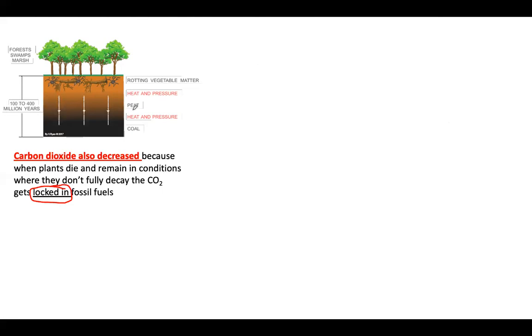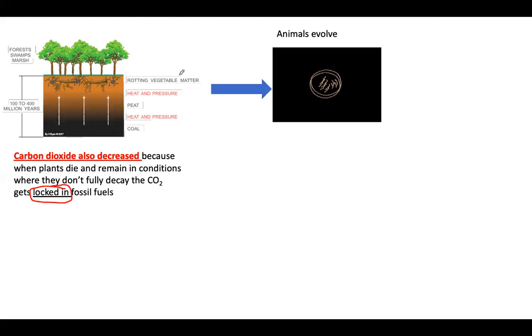So eventually, after enough photosynthesis happened, there was enough oxygen for animals to evolve. And this started as very simple life forms and evolved to more complex ones. So this is a neat little animation here.